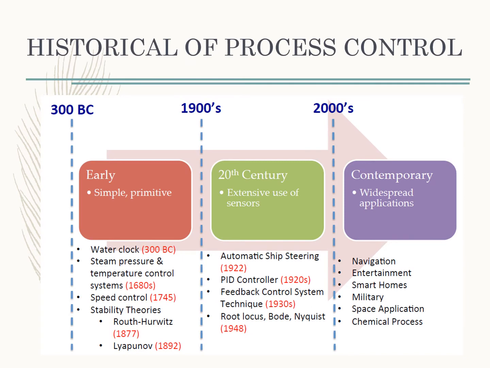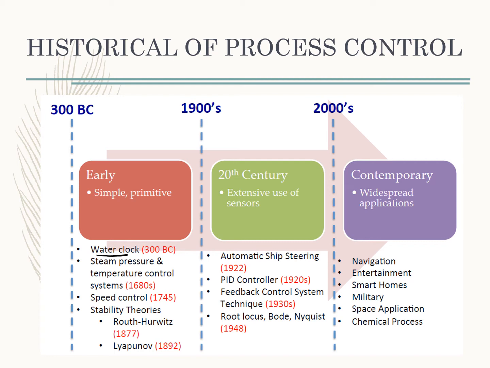Now we're moving to the history of process control. In the early years, an example of process control is the water clock. This water clock was used to measure time by the gradual flow of water. There is a vessel filled with water.